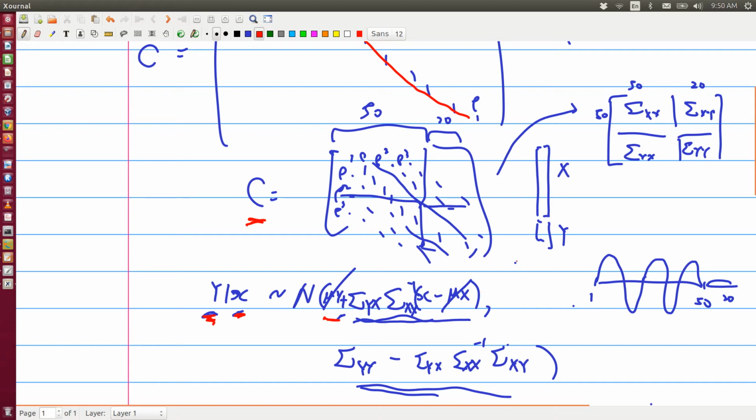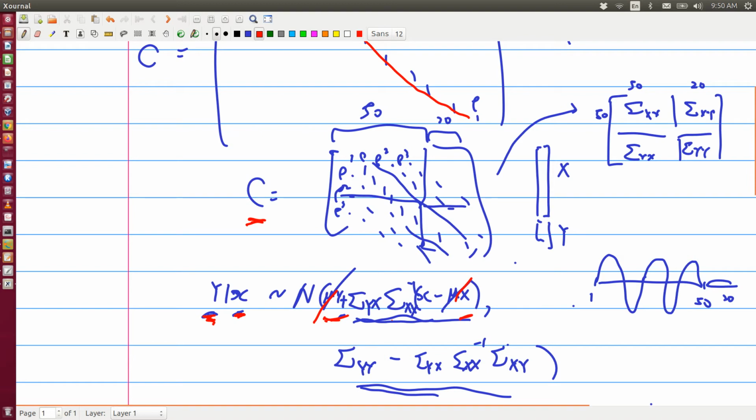Here mu x and mu y are the original means of these signals. We'll assume that mu x and mu y are just zero, so they are not here. And x here is basically sinusoidal.